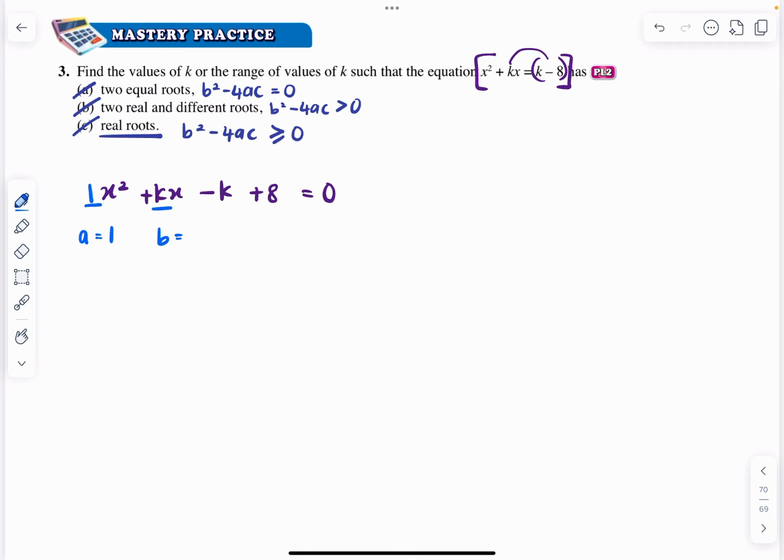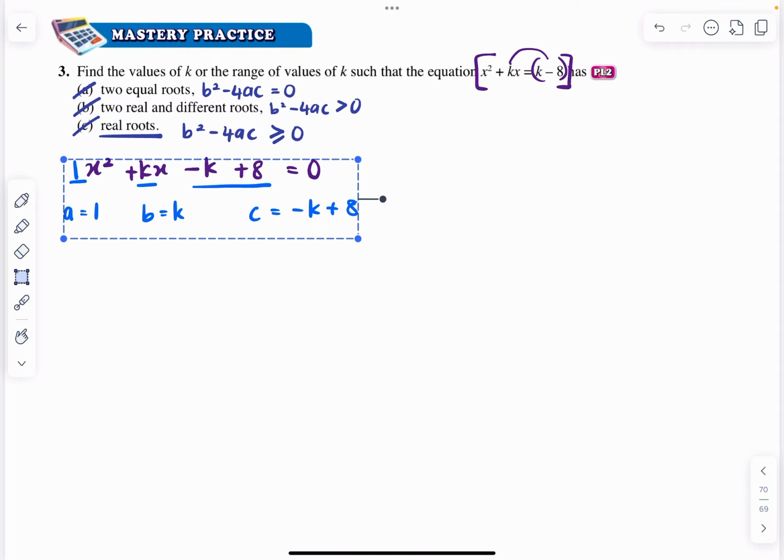B is k, the coefficient of x, and c will be this whole thing. How to know if this whole thing becomes c? This whole thing has no x. C is the constant, so you shouldn't have any x. This will not be c because this one has an x. So the coefficient of x would be b.